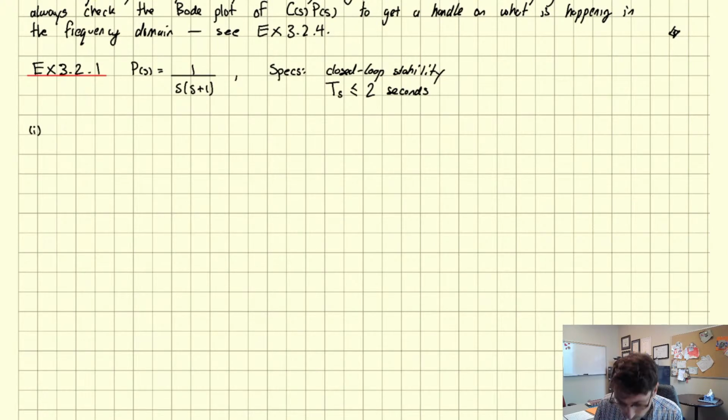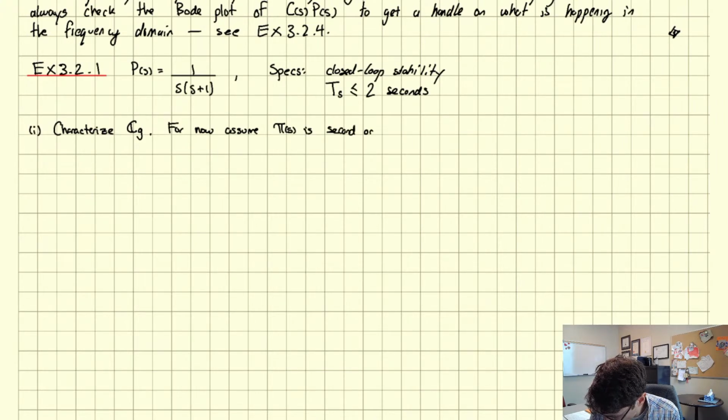So first, characterize the good region. And when we do this, we assume that P of s is second order. So for now, assume P of s is second order. Now the only transient specification that we have here is the settling time.